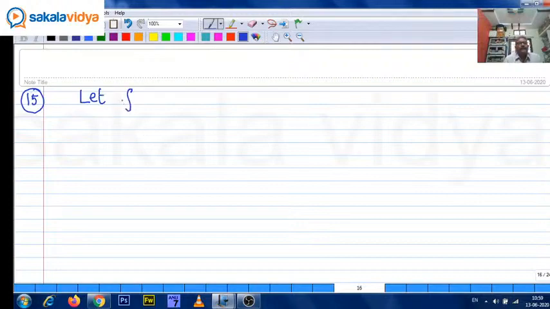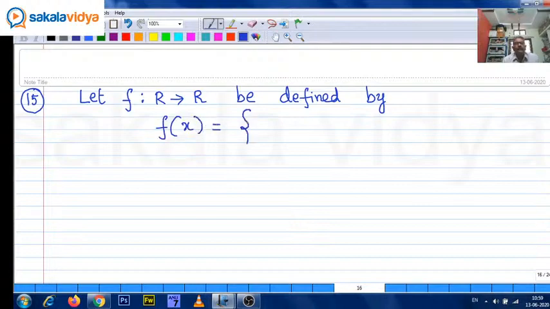Let f map R to R be defined by f of x equals x plus 2, x less than minus 1; x square, minus 1 less than x less than or equal to 1; 2 minus x, x greater than 1.